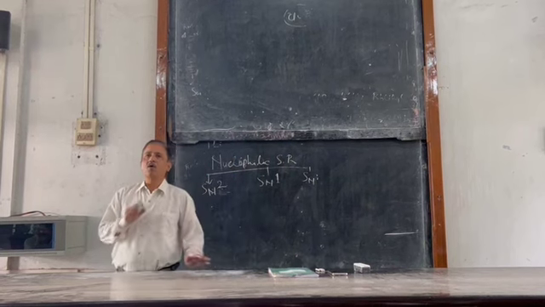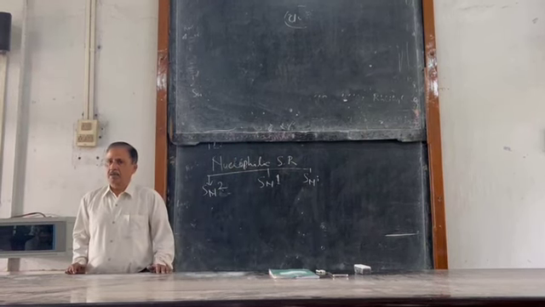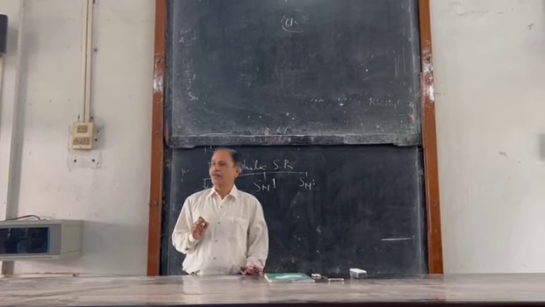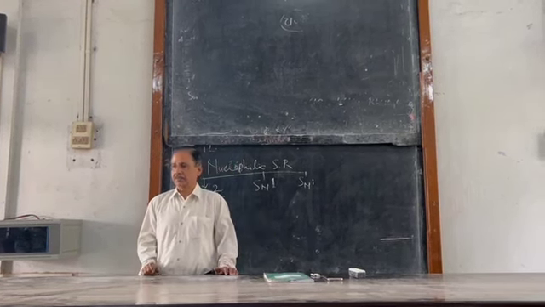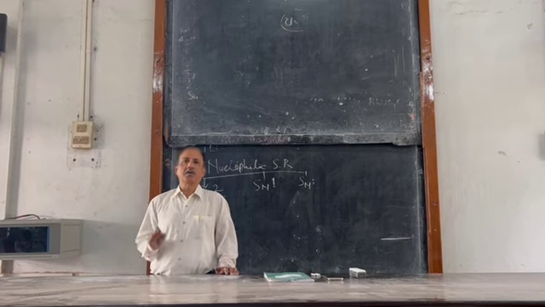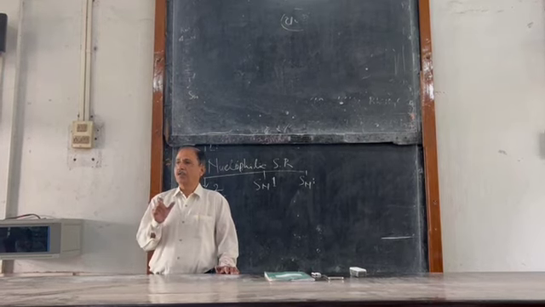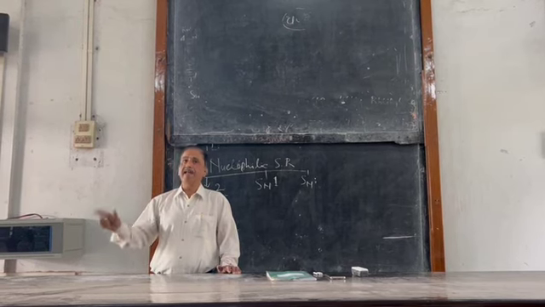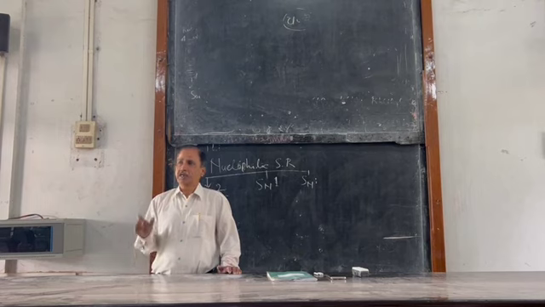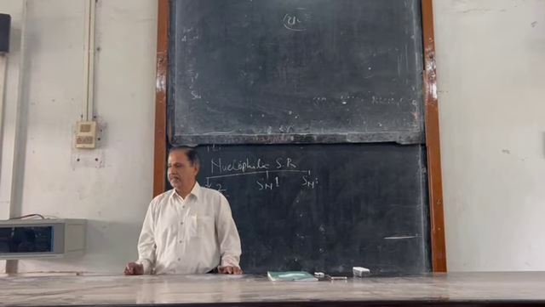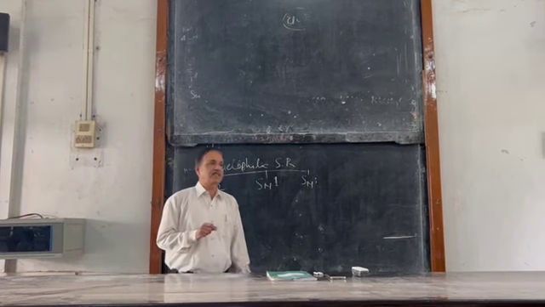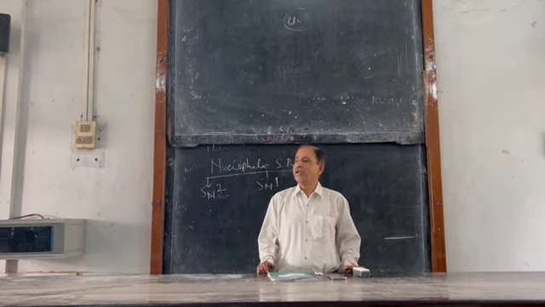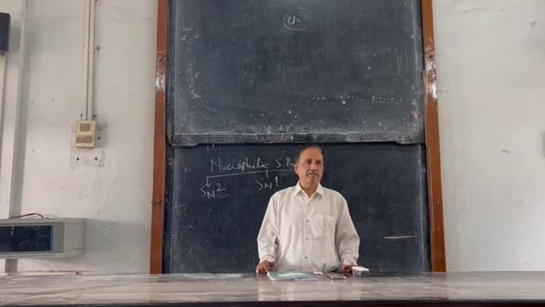Now the meaning of SN2. When the rate of the nucleophilic substitution reaction depends on the concentration of both the substrate and the nucleophile, then that reaction is known as SN2, a bimolecular nucleophilic substitution reaction.